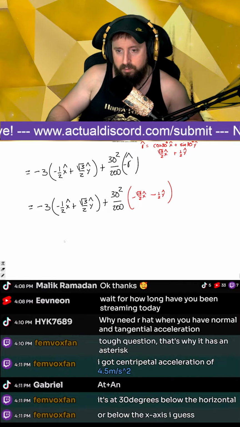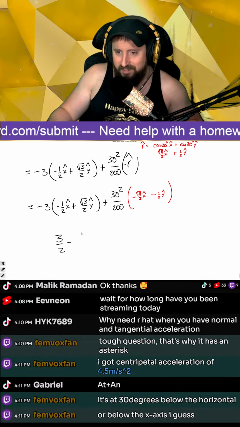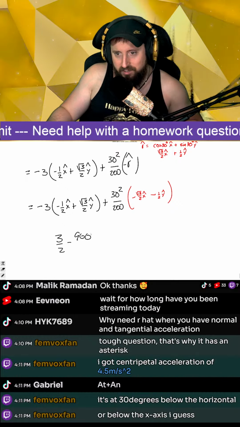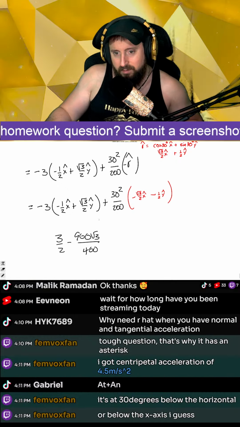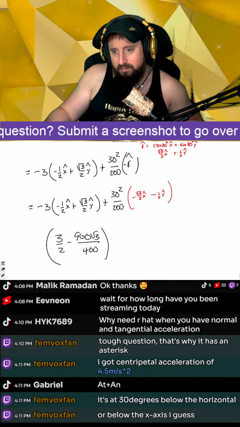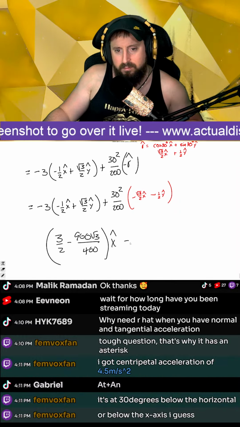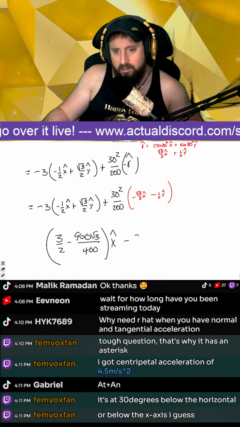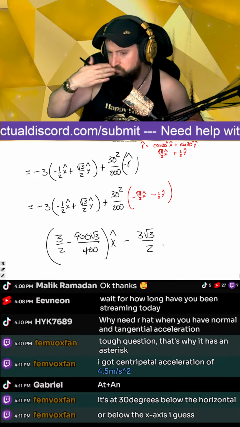Okay, so what is this? 3/2 minus... What is that? 900 square root of 3 over 400? X hat? Minus 3 square root of 3 over 2.